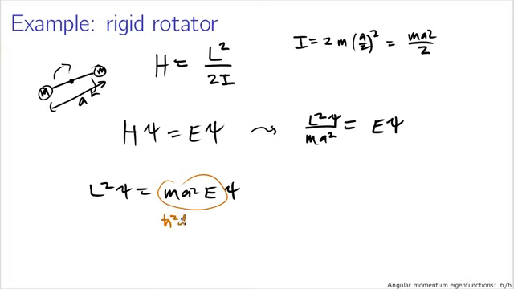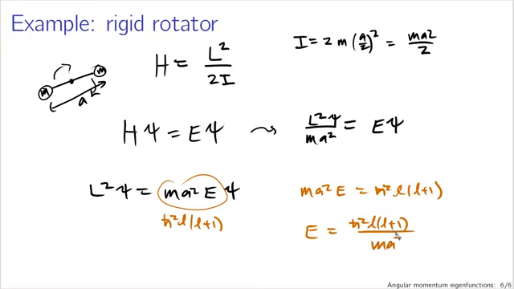This is h bar squared L plus 1. That's my eigenvalue, the form of my eigenvalues of the L squared operator. So what that tells me is that ma squared E is equal to h bar squared L plus 1. And I can solve this for E easily. It tells me that E is equal to, an equal sign somewhere, h bar squared L plus 1 divided by ma squared.